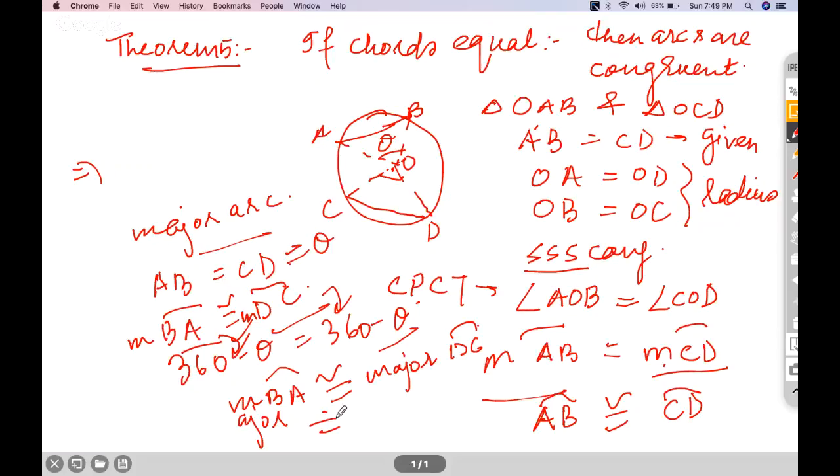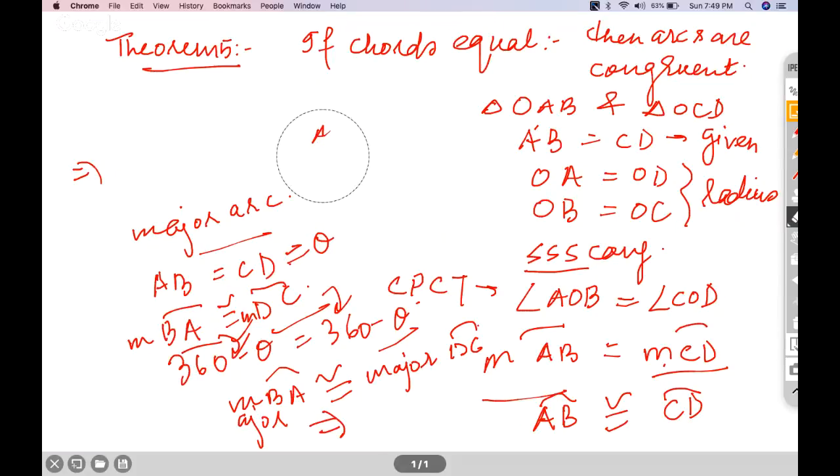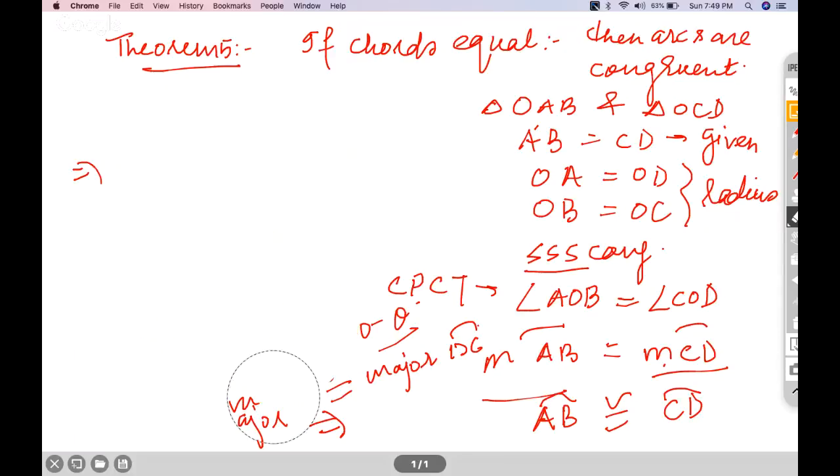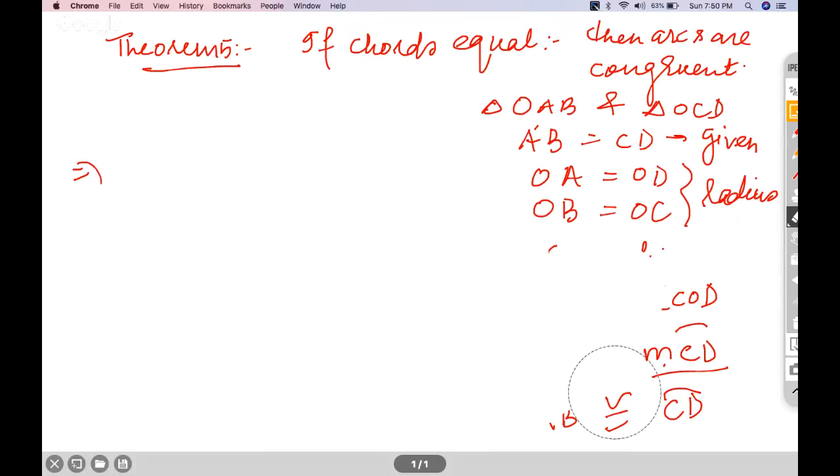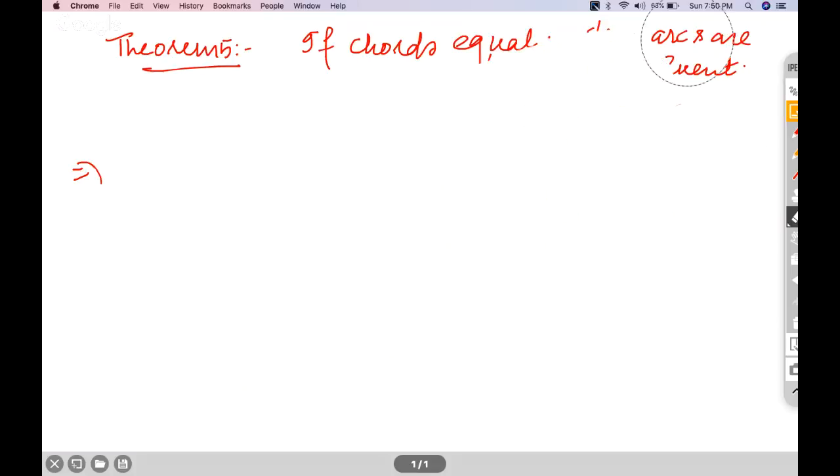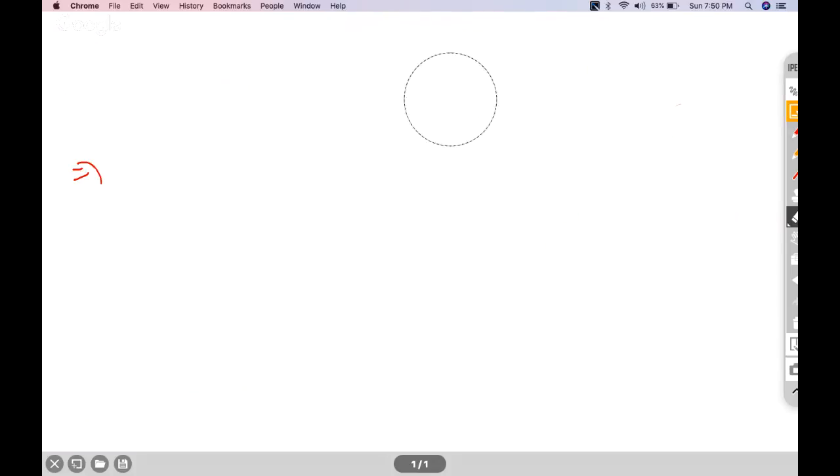And once you write that, you can write that the chords are equal. In case of semicircle, the two arcs are same, they are making 180-degree angle, so the two chords would be semicircles. Two semicircles of a circle are congruent to each other. Now, theorems 2 to 5 were all the same.